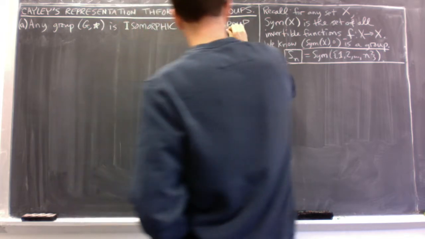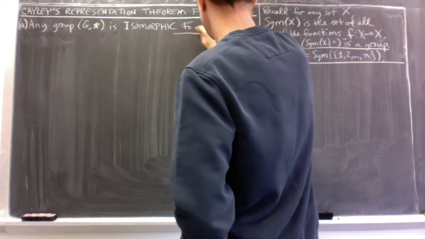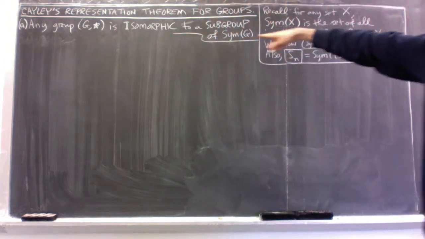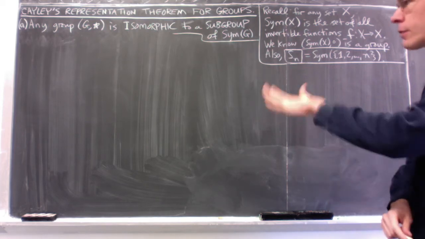In fact, it's a subgroup of Sim of G. The set G, the set of group elements, is going to be the set that we use over here. G could be infinite, by the way, and this still works.